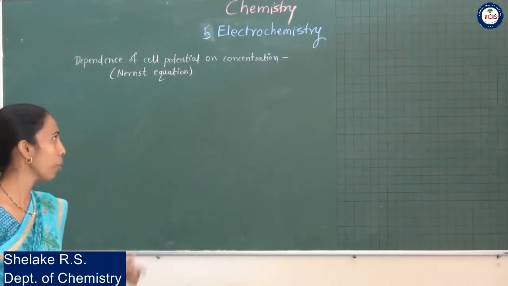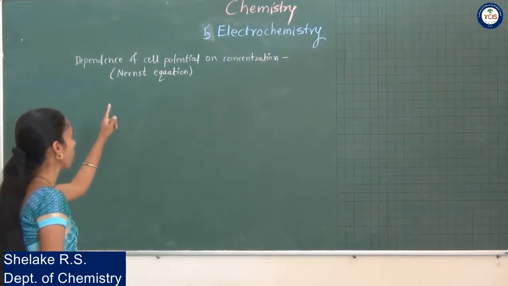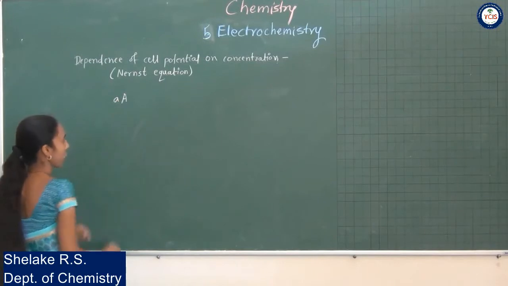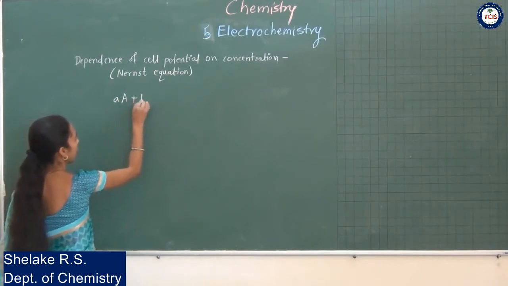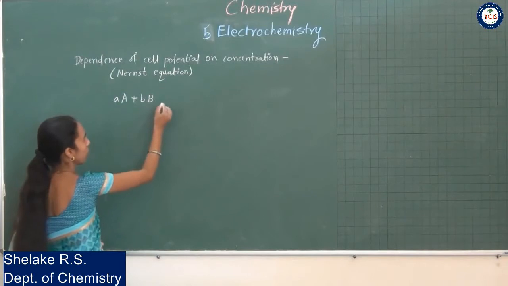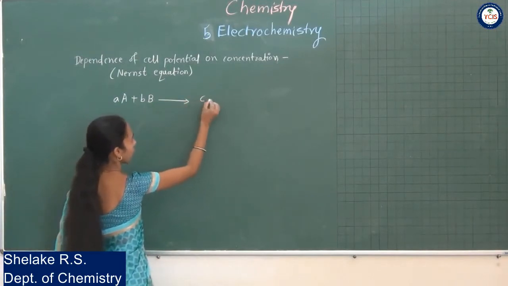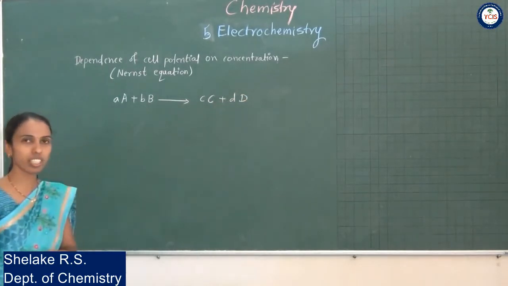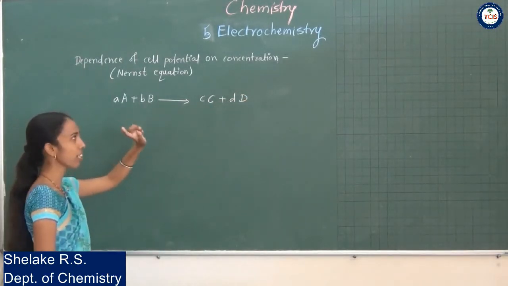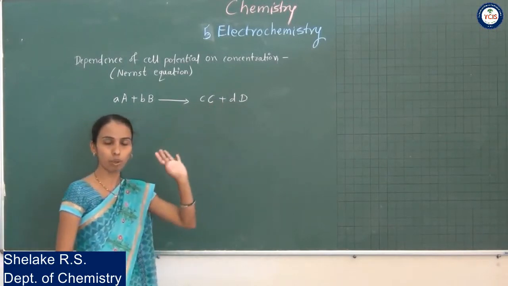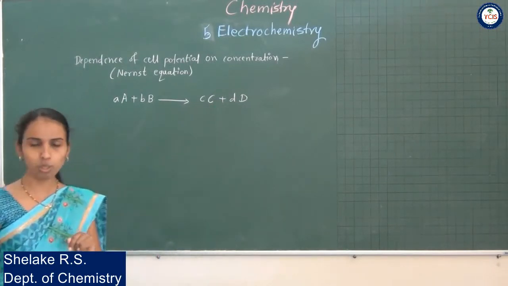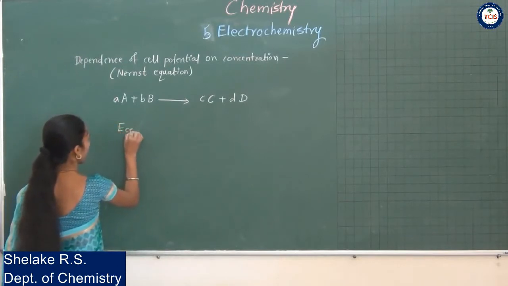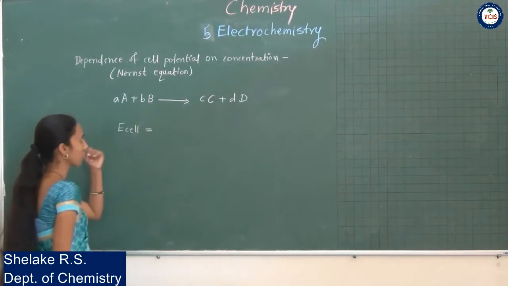It is given by one equation. For the Nernst equation we consider one chemical reaction. Here we take A and B as the reactants. Suppose A and B react with each other to form the products C and D. A and B are the reactants, C and D are the products. Now the cell voltage, or the cell potential, is given by the Nernst equation.